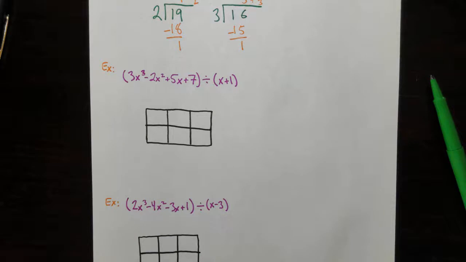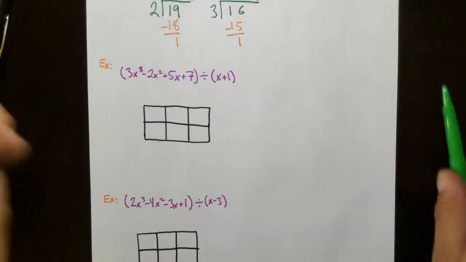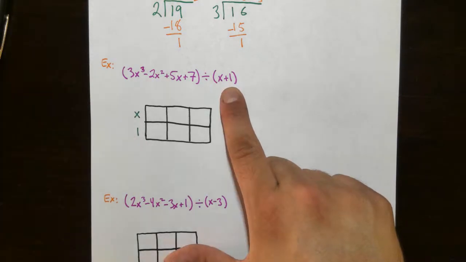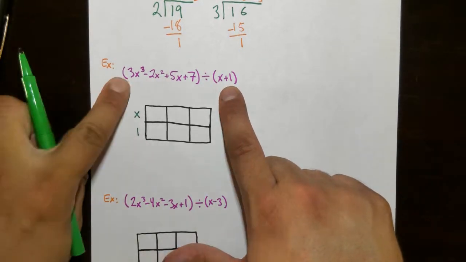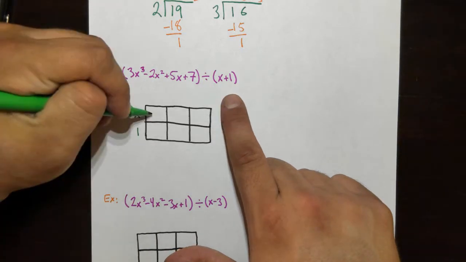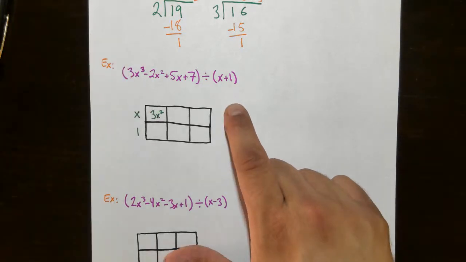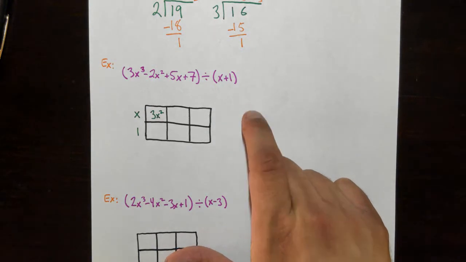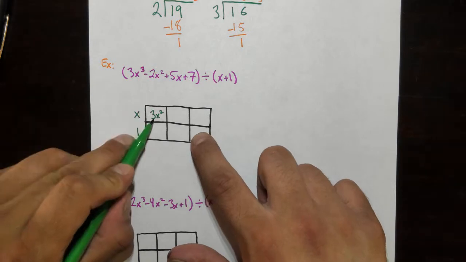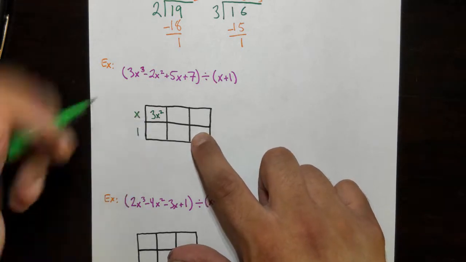So again, first step, whatever we're dividing by, we want to write it here on the left. So x plus 1 is going to be x and 1. And then our leading term, whatever it is, 3x cubed, goes in this top left box. So remember, this works like a multiplication table. So I know that x times something is going to give me 3x cubed. Well, that something is going to be 3x squared.